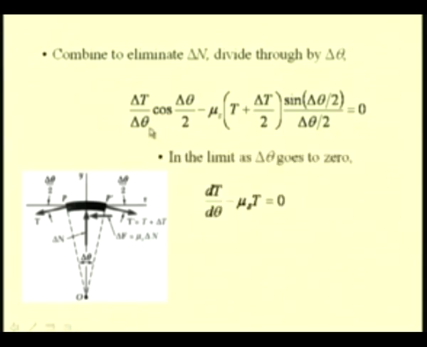Now, in the limit, that is delta theta tends to 0, this equation becomes dT by d theta minus mu s times T equal to 0, because the product, that is delta T times sin delta theta by 2, is negligible, and this becomes 0.